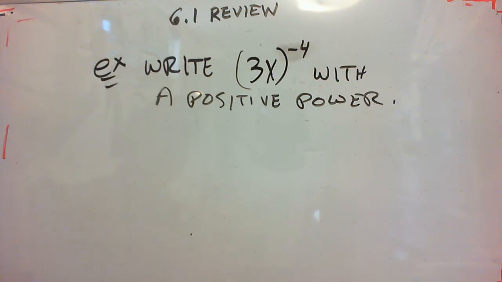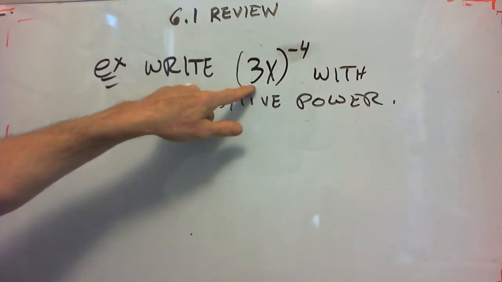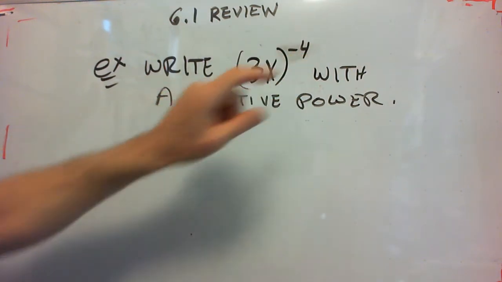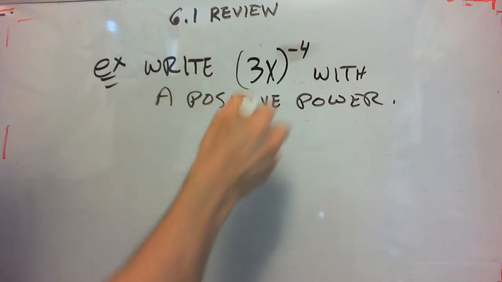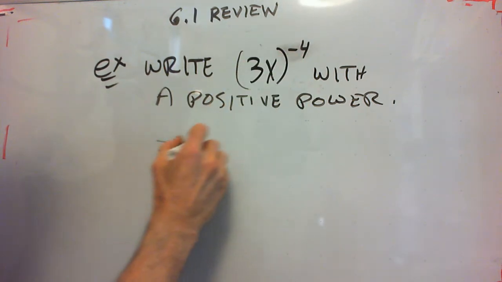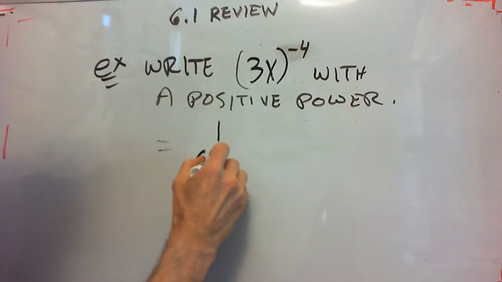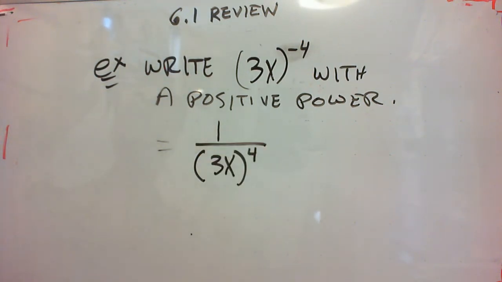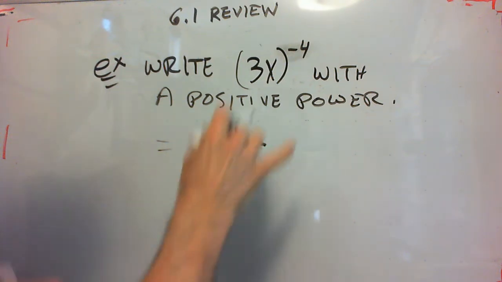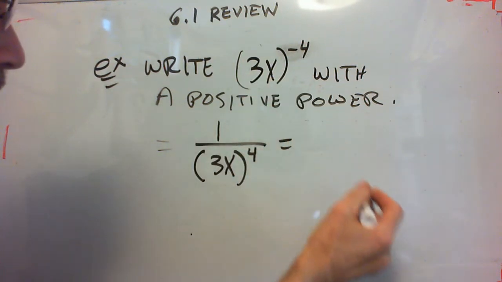Okay, in the next example, I have the quantity 3x to the negative 4, and we want to write that with a positive power. So here, the whole quantity is to the negative 4th, so that means the whole quantity is moved to the denominator and uses a positive 4 power. Now, forget about the fraction, just remember what we did in the previous problems.